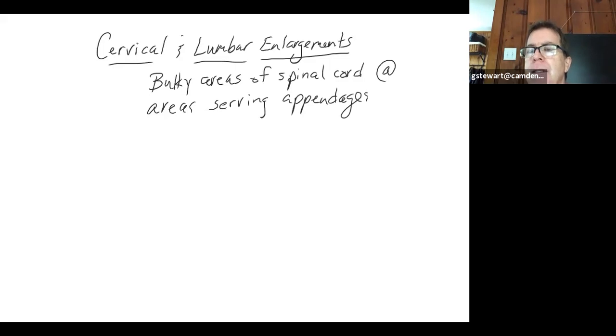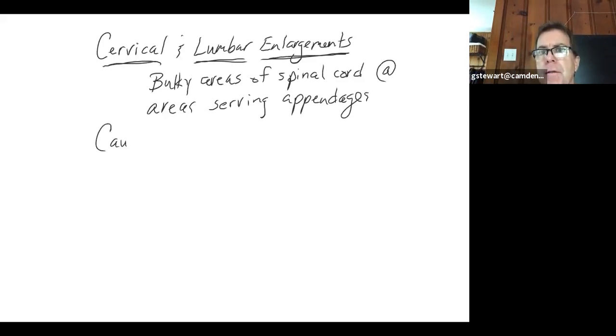What that means is in the shoulder region, we get this bulky area of spinal cord because there's a lot of nerve roots emanating from that area that need to serve our shoulders and arms. And then there's another lumbar enlargement down at the inferior end of the spinal cord, where there are nerve roots emanating to serve our lower legs.